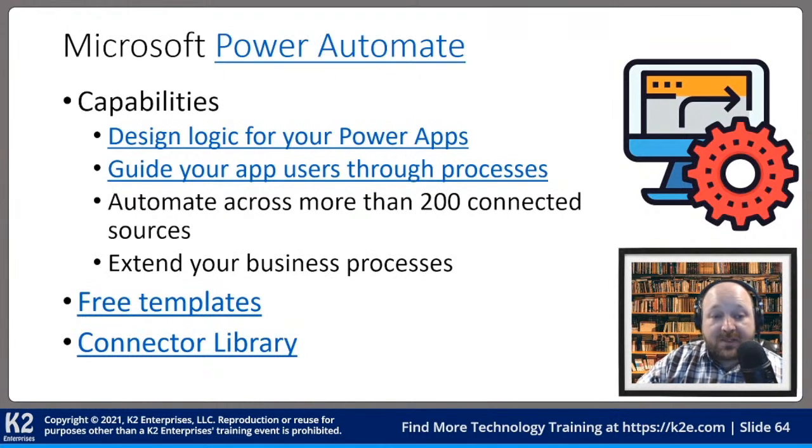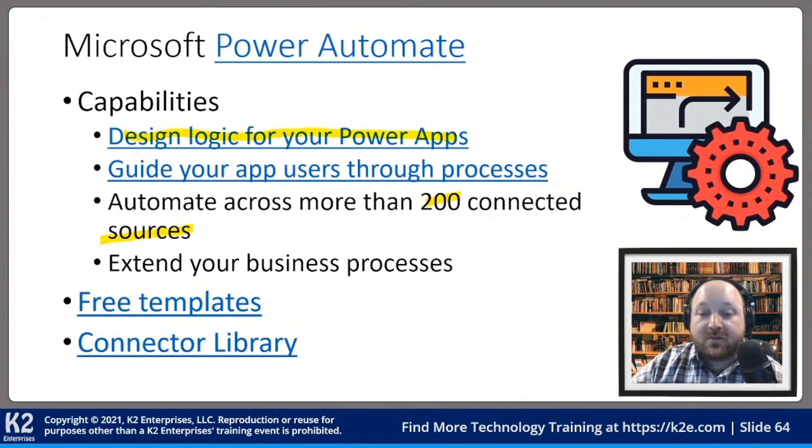There are 3 tools that I recommend taking a look at. Microsoft's Power Automate tool allows you to design logic and push that logic out through Power Apps to tie different applications that don't normally speak to each other together. And they've got a number of templates that have been established and pre-built connectors, in this case to over 200 different sources, so that you can connect, for example, solution A to solution B. And this is especially great for Microsoft applications.